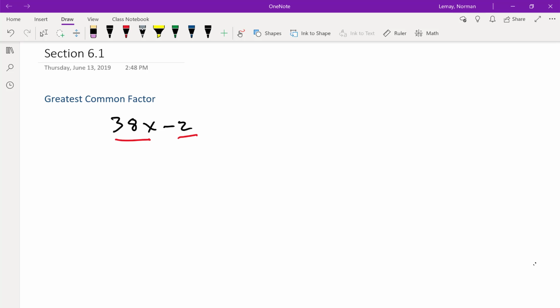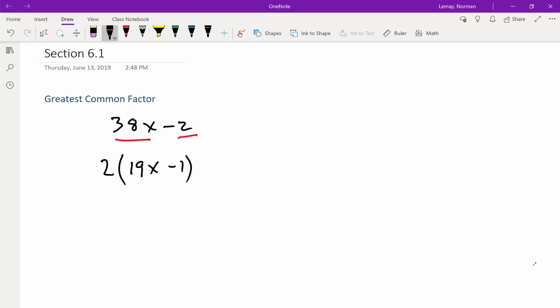As I take a look at the number 38 and the number 2, if I pull out a 2, the question is what remains. Inside, what remains would be 19x minus 1.